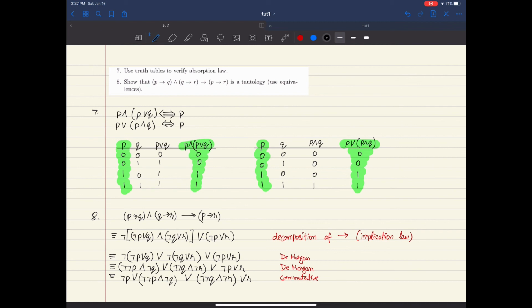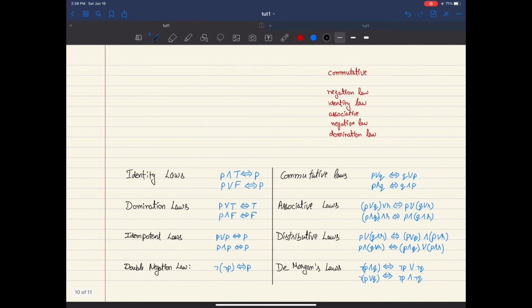Now with this, we can use the distributive law to take the not P and the R into the brackets. So using the distributive law, it would give me (not P or not of not P) and (not P or not Q).